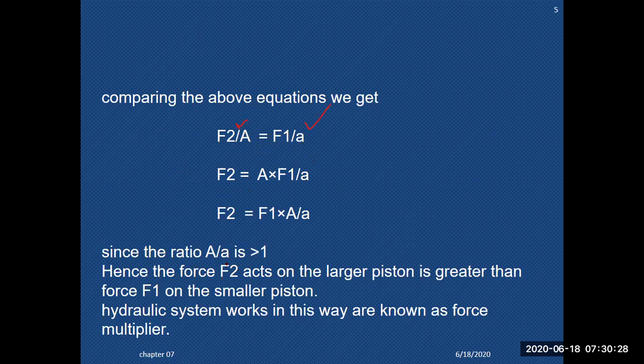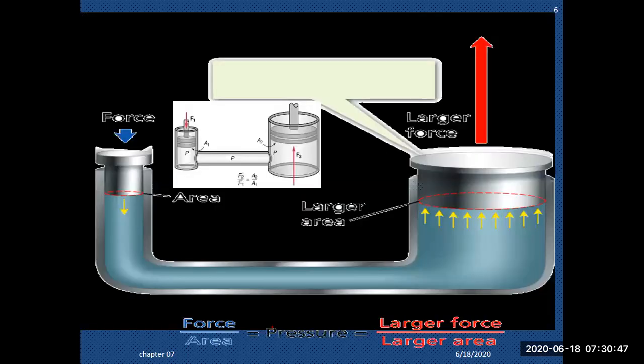Since the ratio A over a is greater than 1, the force F2 acting on the larger piston is greater than the force acting on the smaller piston. Hydraulic systems that work in this way are known as force multipliers. Why force multiplier? Because we have applied less force on the smaller piston.